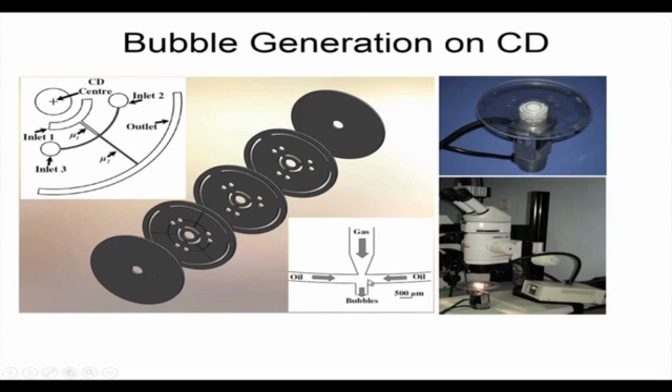You have oil and you have gas, and these interact at the junction to generate bubbles. There are different inlets and outlets, and this structure is designed on the CD, and it is fabricated by using the same technology that I had demonstrated in the video.